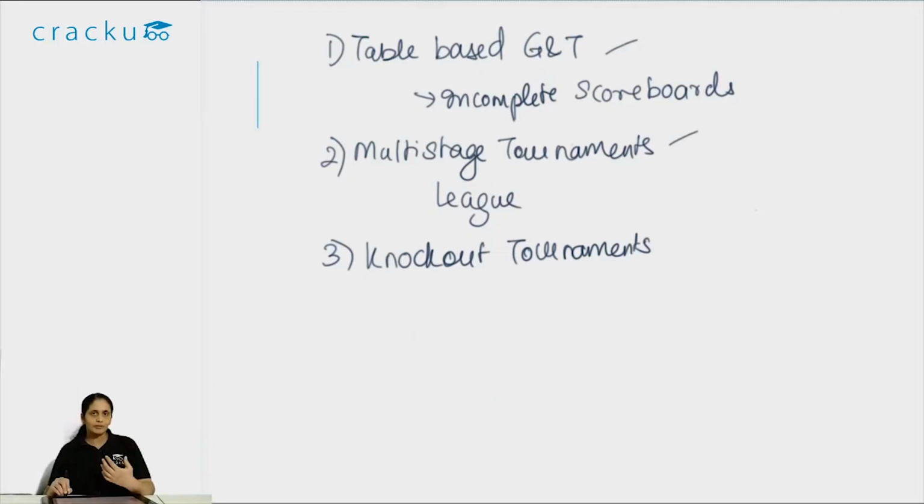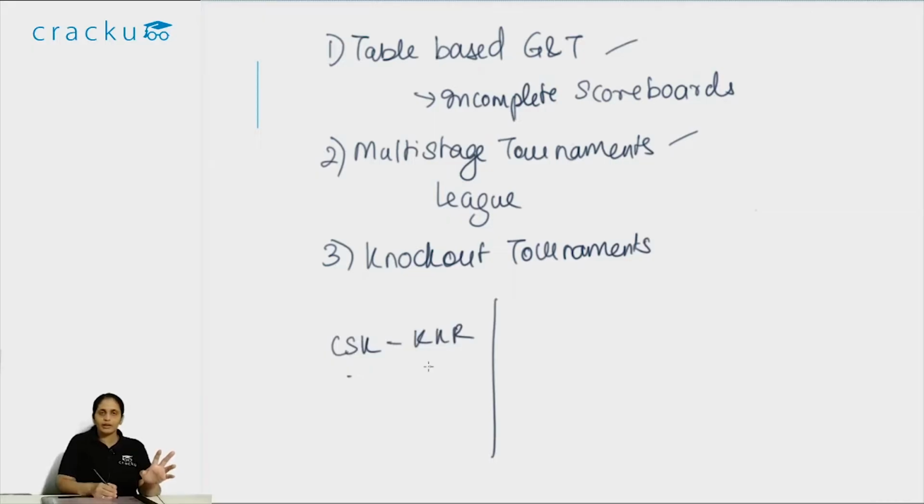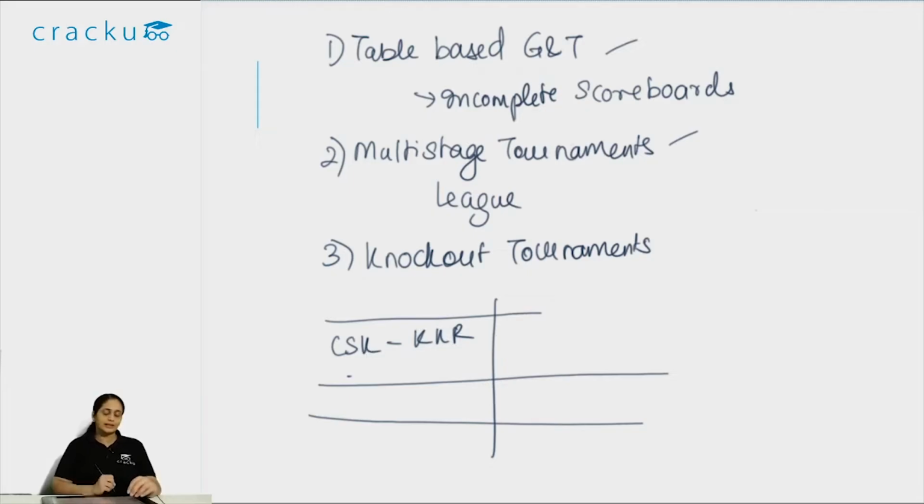For multi-stage tournaments also, you can either make tables for their intermediate scores at the league level, or you can just write down, for example, that CSK played KKR in the league stages. Then you can write down who won and what was the net run rate or whatever, how many points were given. You can write that down at the stage level in a table format, or you can write that down like this, where you are just writing down that in league stages these matches occurred and this was the result.